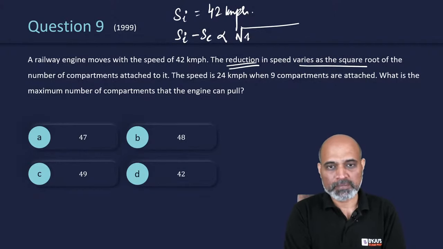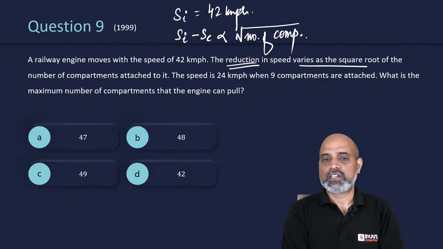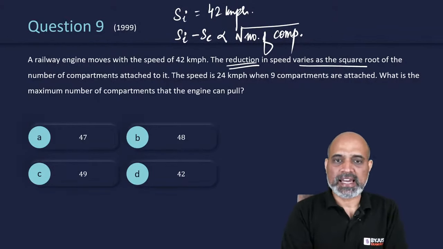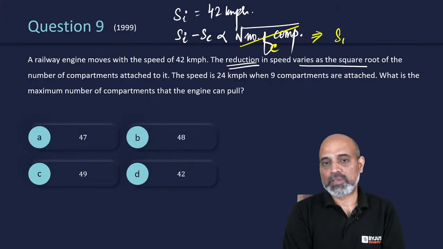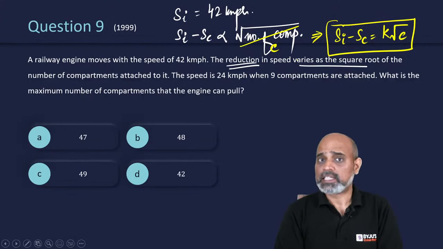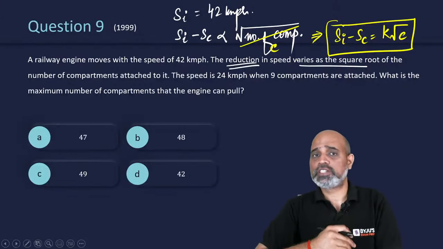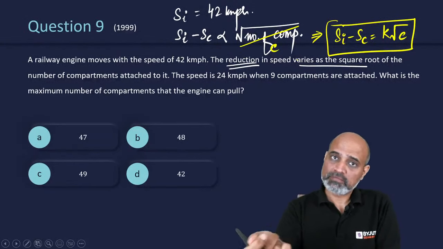So number of compartments, मैं भी पूरा लिख लेता हूँ. I'm going to write number of compartments as C. So from here we generate the formula that SI minus SC is equal to K times under root C. So this is the formula in order to solve this question, right? That's how we solve questions on proportions and variation. We find out the relation from the language, generate an equation.